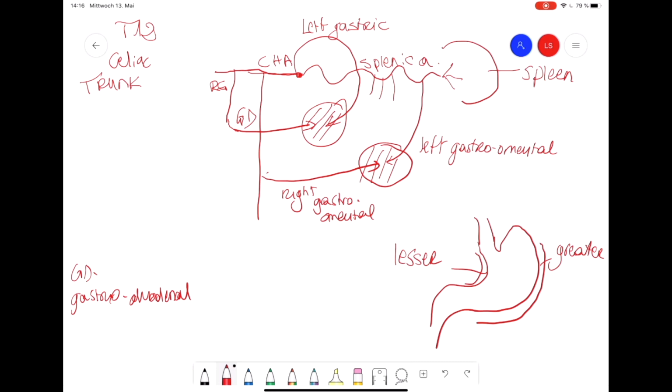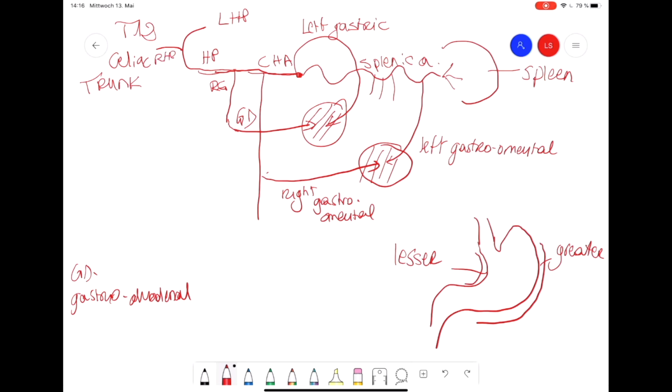So after the common hepatic artery gives off the branch of the right gastric, it becomes the hepatic proper artery. And the hepatic proper artery will basically divide into two branches, the left hepatic proper and the right hepatic proper.